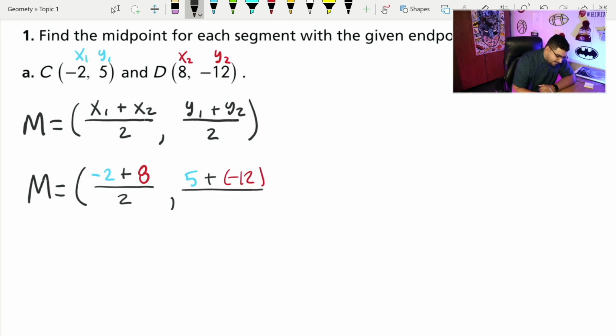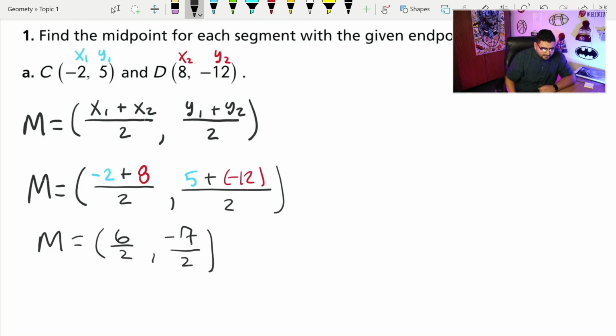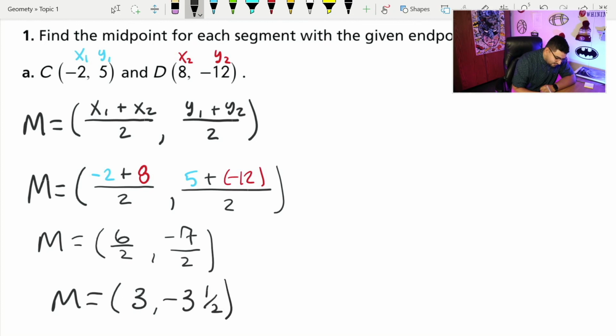And all that divided by 2. Okay. So that'll leave me with M equals -2 plus 8 would give me 6 divided by 2. 5 plus -12, that would leave me with -7 divided by 2. Simplify this if you can. So I'm going to have M equal (3, -3 1/2). And that is my midpoint.